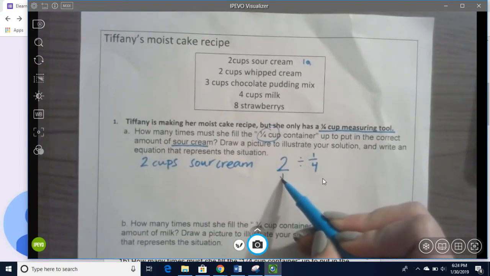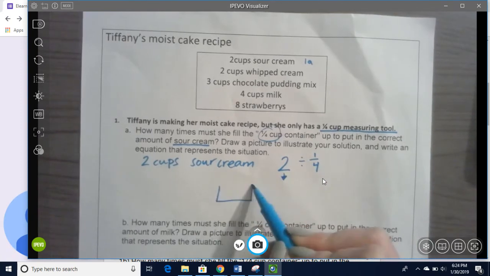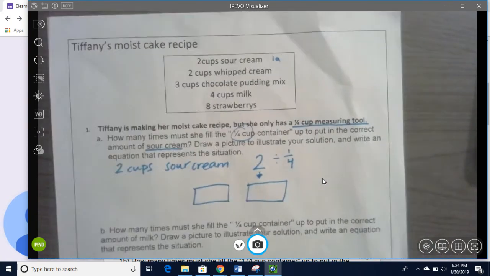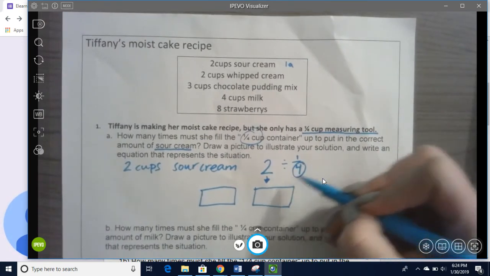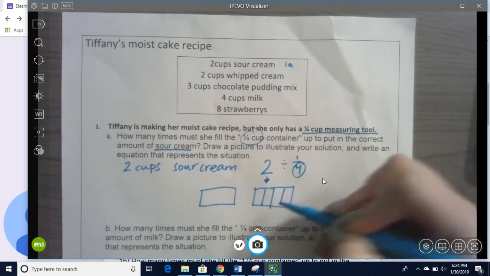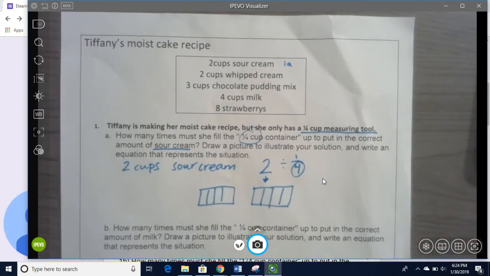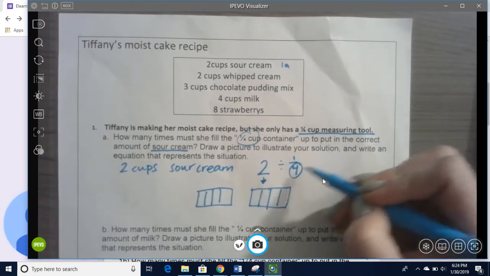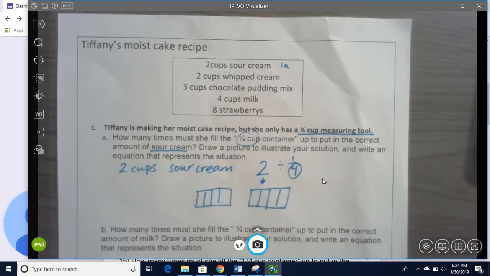Remember, the first thing we do is draw the whole number or the first number. So we're going to draw 2 wholes. The second thing we do is look at the denominator. How are we splitting up these 2 wholes? Into fourths. Halves and halves. Now we have fourths. And just like we started with, the question we're asking ourselves is how many 1/4 fit into these 2 wholes.